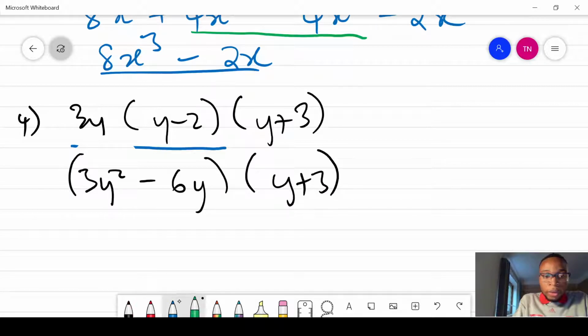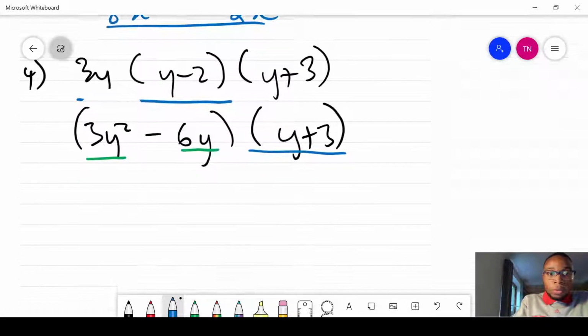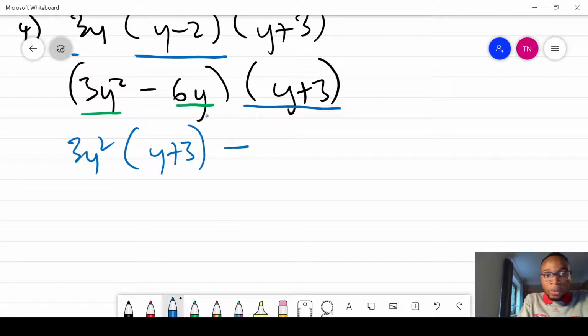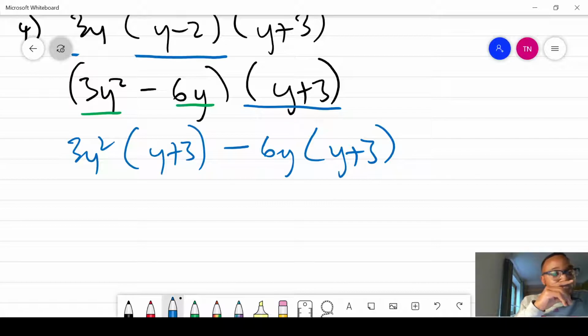So like we did earlier, this and that are going to be multiplying this whole thing here. And on multiplying the whole thing that we have there, we're going to have 3y squared multiplying y plus 3, and we're going to have minus 6y multiplying y plus 3, and we're going to expand our brackets from here.